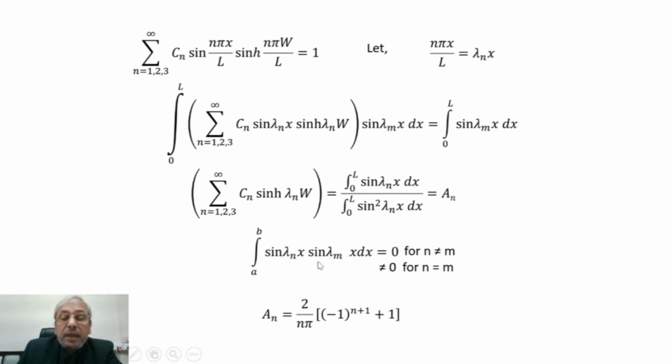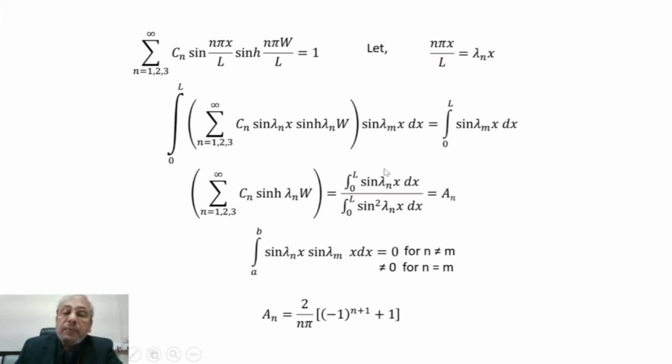When m equal to n, then it is sine square lambda n x dx, and then only it will be non-zero. Otherwise, it will produce 0.